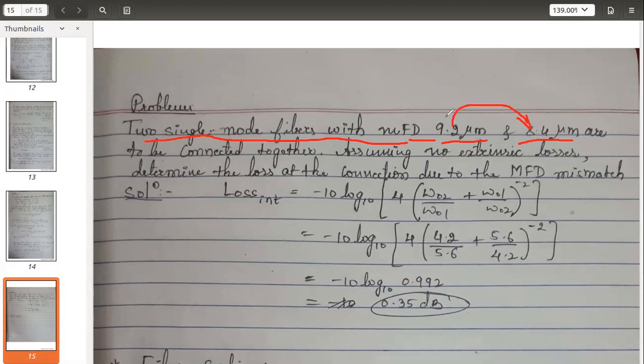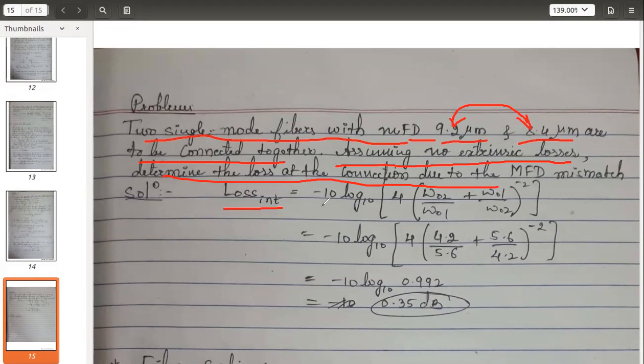The spot sizes will be different, because there is a relationship between spot size and MFD. Assuming no extrinsic losses, determine the loss due to this MFD mismatch.